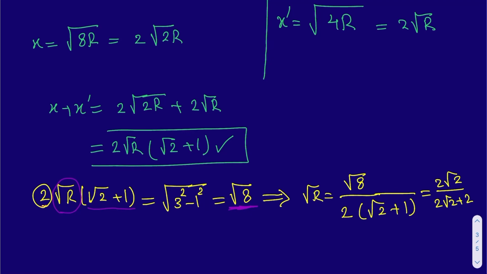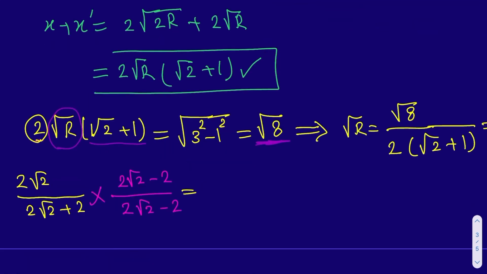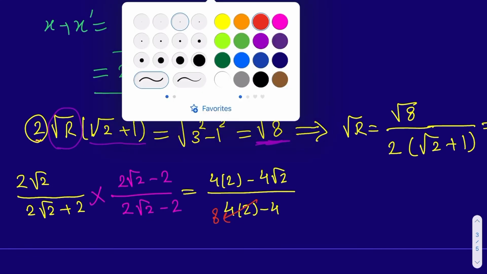Now I will try to rationalize this fraction, so I will write it again here: 2 square root of 2 divided by 2 square root of 2 plus 2, and I will multiply this by 2 square root of 2 minus 2 over 2 square root of 2 minus 2, which will be equal to 4 times 2 minus 4 times square root of 2, divided by 4 times 2 minus 4, and 8 minus 4 will be equal to 4.